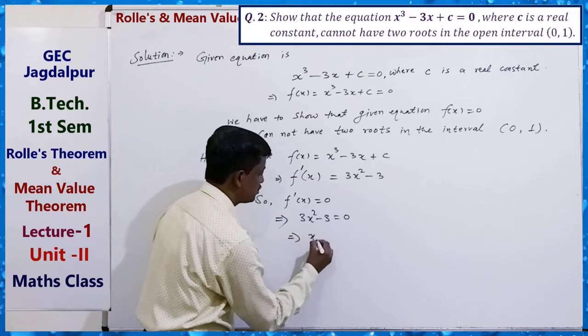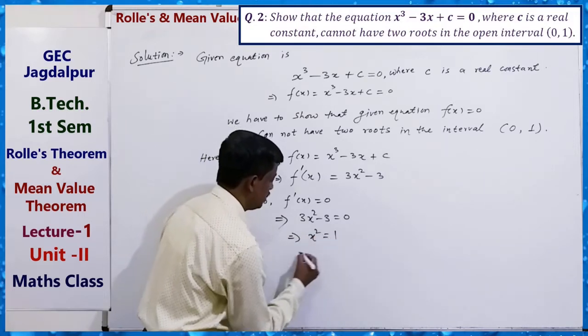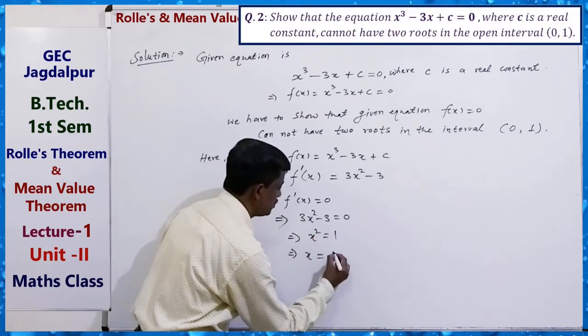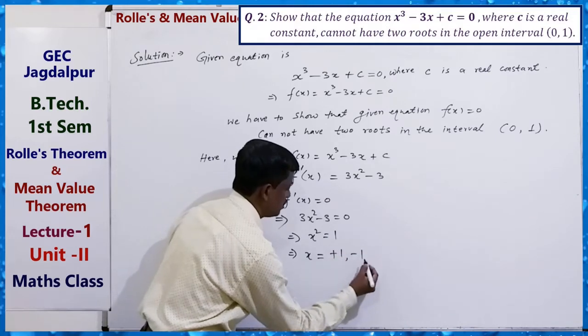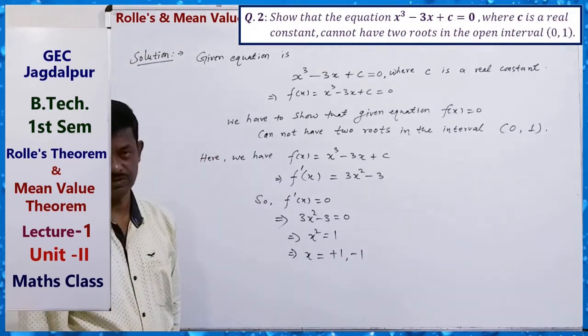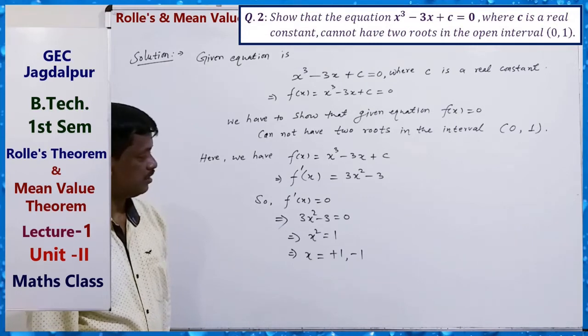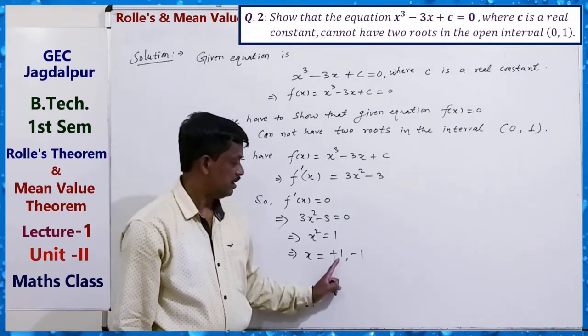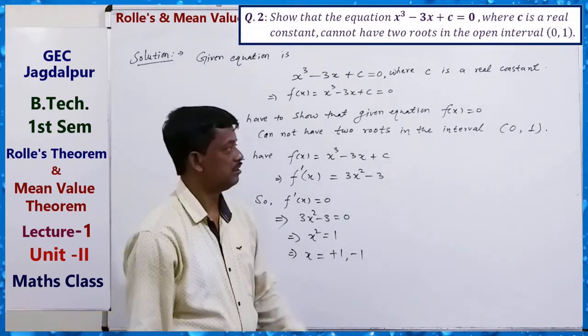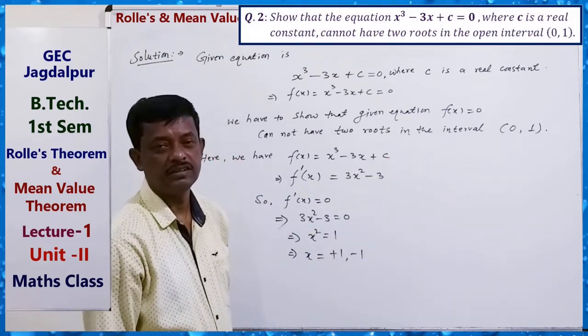So here x² = 1, x = plus 1, minus 1, that is plus or minus 1. And we see that none of these lies in the interval (0, 1).